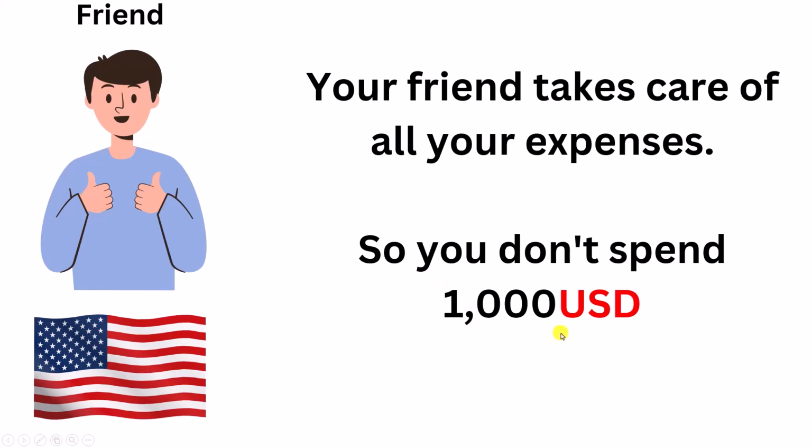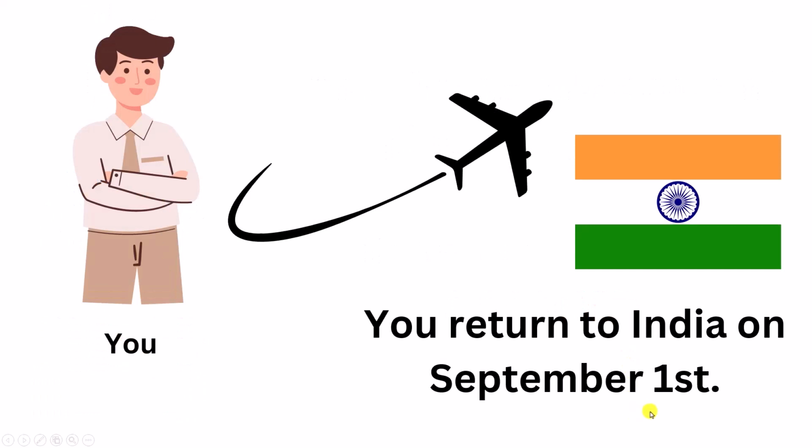So the $1,000 that you had taken to spend in America is exactly as is. Alright? Now, after staying at your friend's house for a month, you decide to return to India on September 1st. So on September 1st, you return to India.